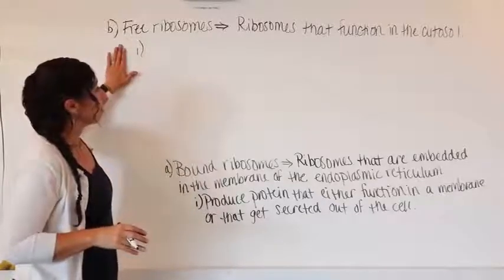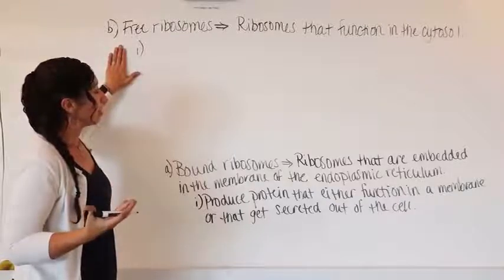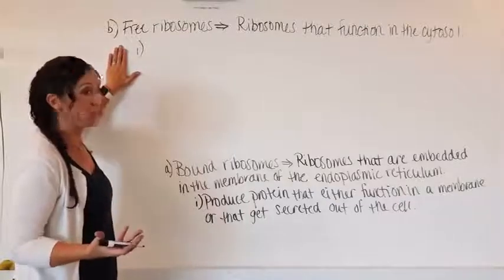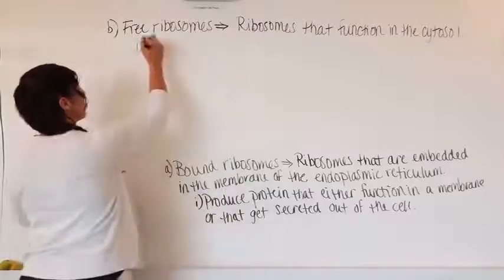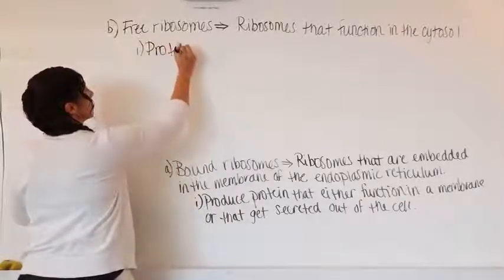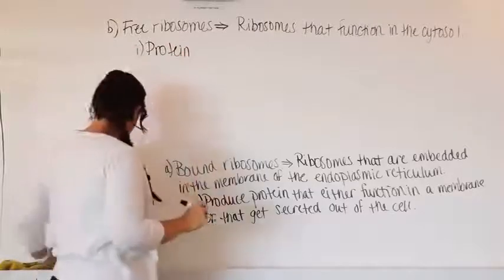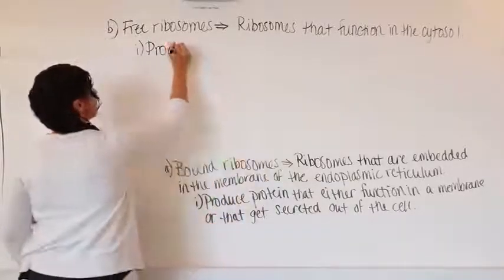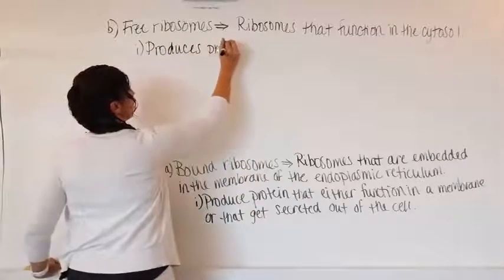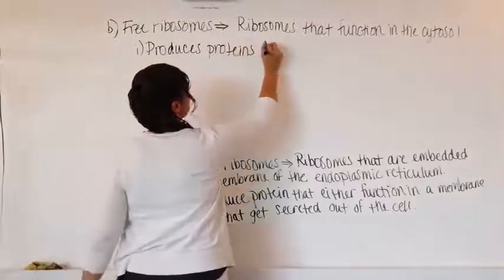Free ribosomes make protein somewhere in the cytosol. These proteins are also going to function in the cytosol. So it produces proteins that function in the cytosol.